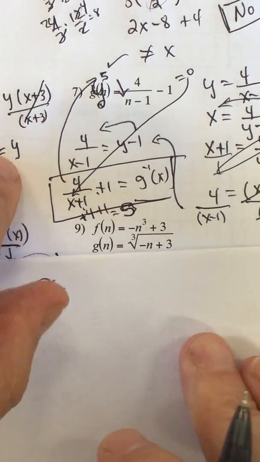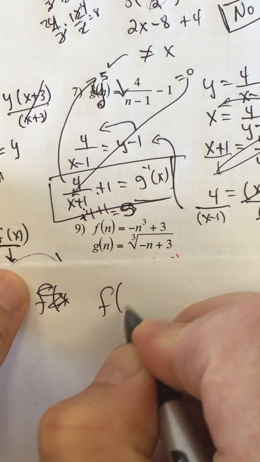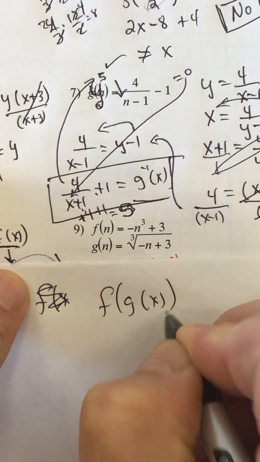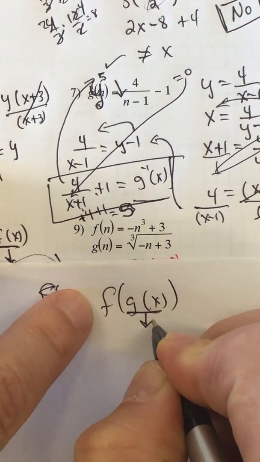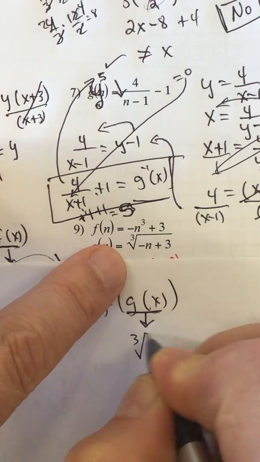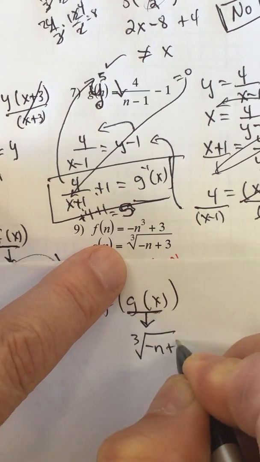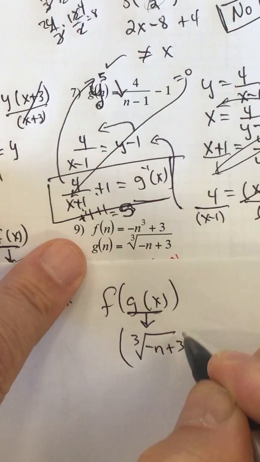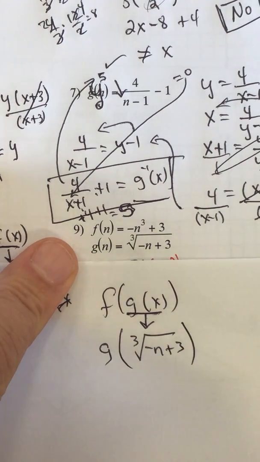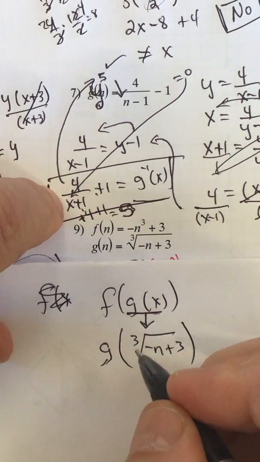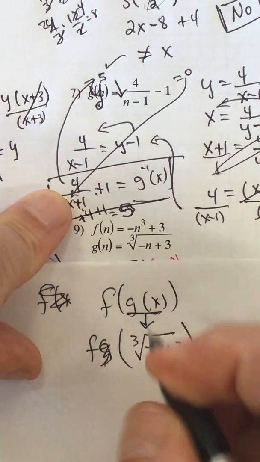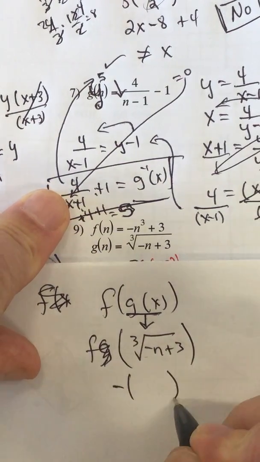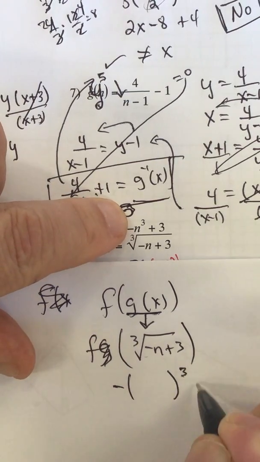So what I need is f of g of x. I need to put g of x inside f of x. So g of x is the third root of negative n plus 3. Okay, that should be an f out here. This was g. So f is negative whatever to the third plus 3.